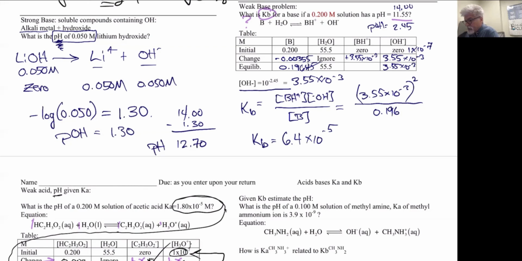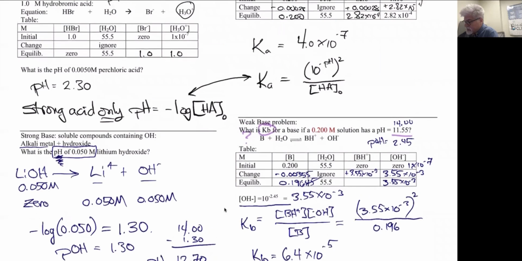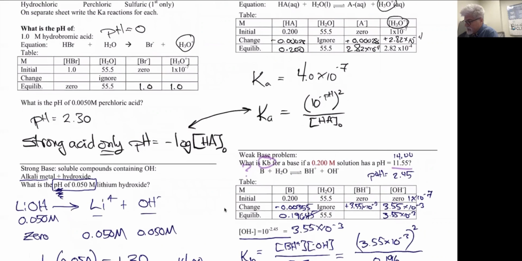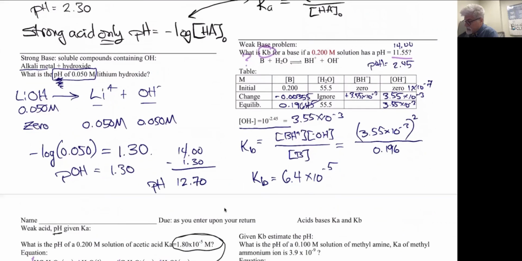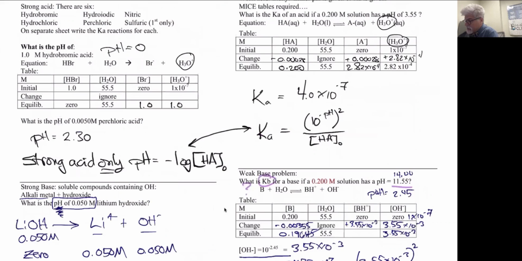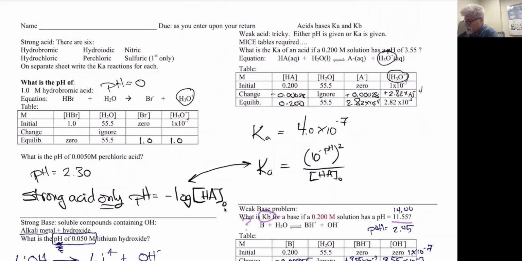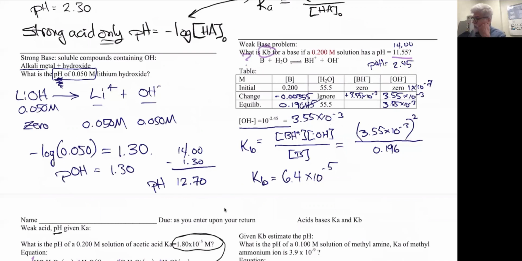So Ka and Kb proceed by the same process. The only difference is that Kb is involved with OH minus and Ka is involved with H3O plus. Our manipulations are the same. Our ICE tables are going to look pretty much the same.